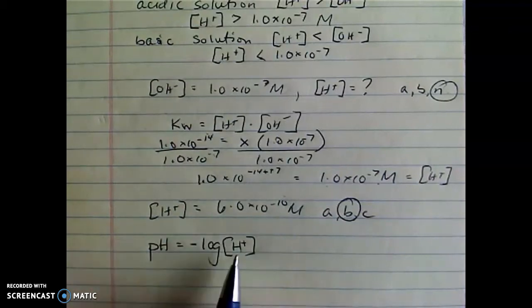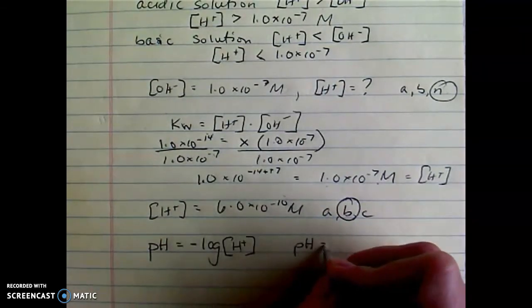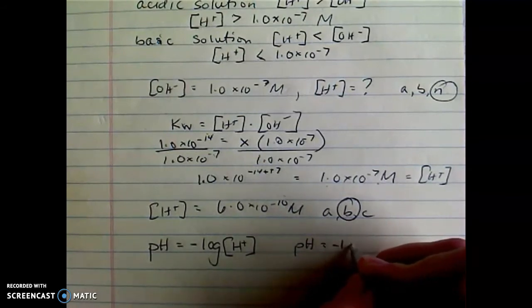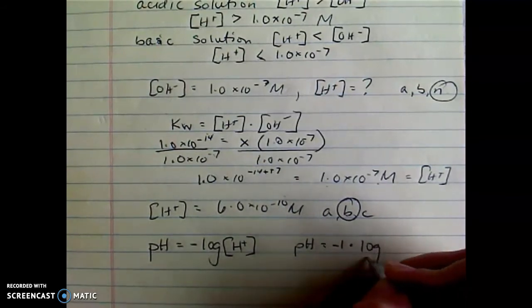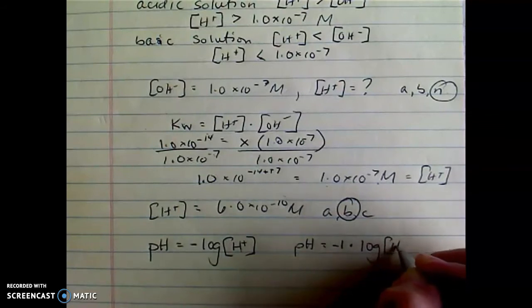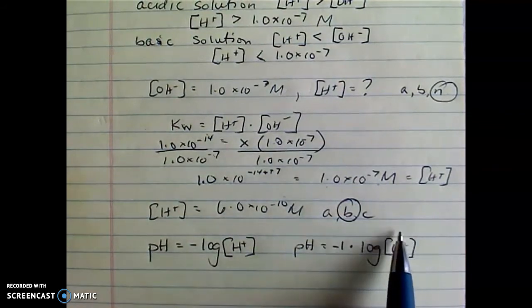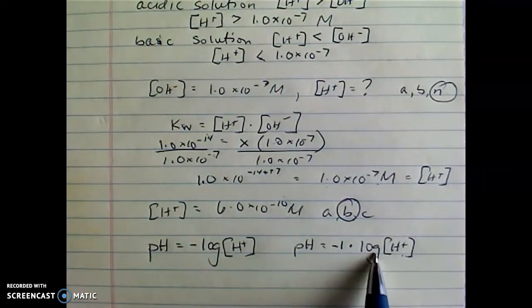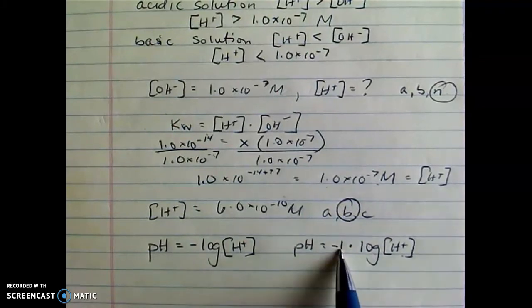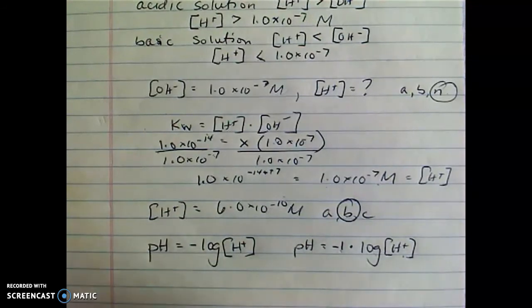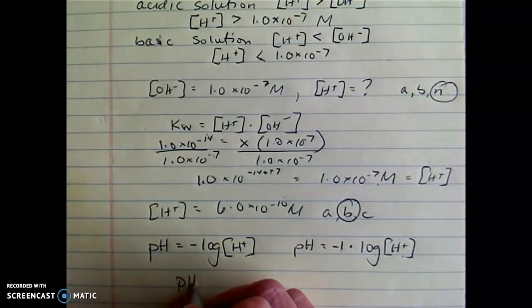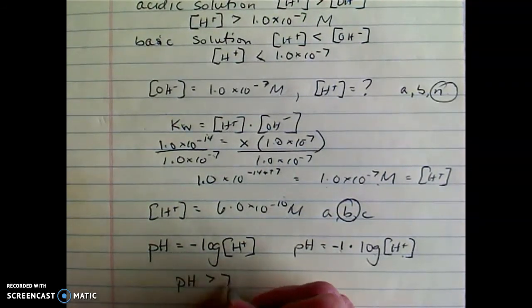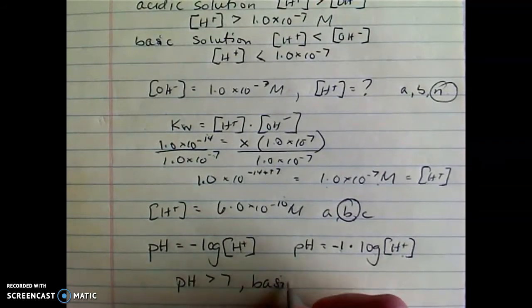But when you're using this equation, make sure that you realize there is a negative 1 being multiplied by your answer. So what happens is when you do the log of this number, it's going to come out to be negative, and then you have to multiply it by negative 1. Just as a quick reminder, if you get a pH that is greater than 7, it's basic.